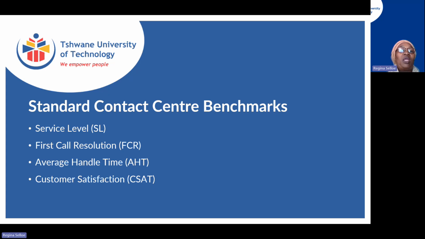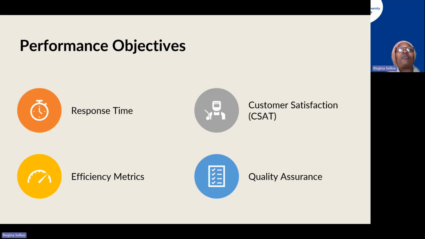Now, when we are working with benchmarks, it's very important that we also look at performance objectives, because they are measurable targets that define specific goals for contact center agents and teams. These objectives guide agents towards achieving the desired service level and operational efficiency within their contact center.